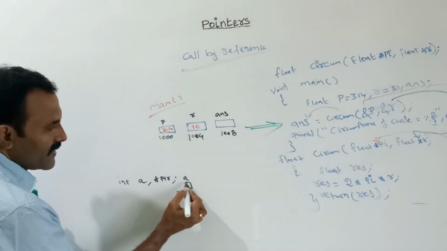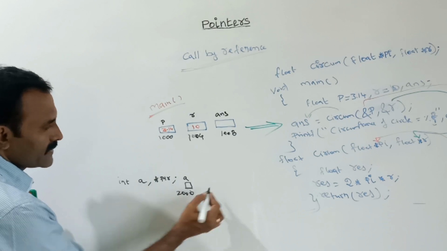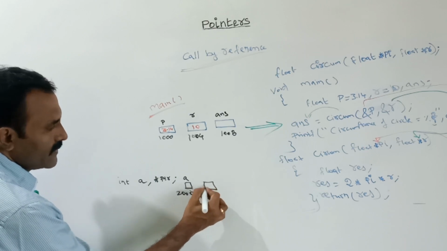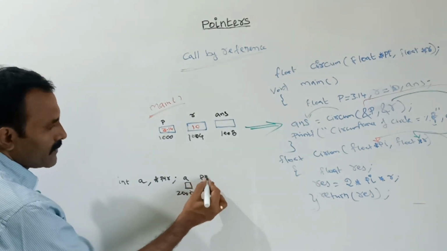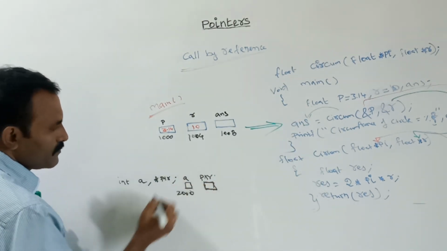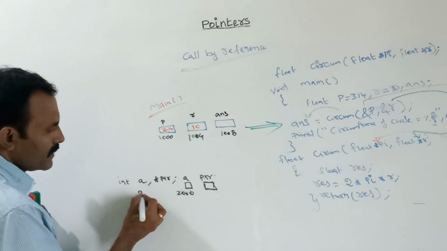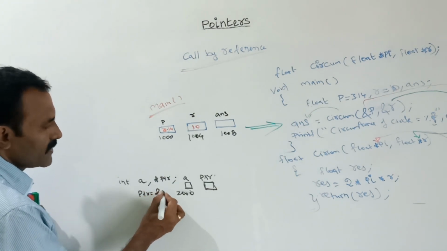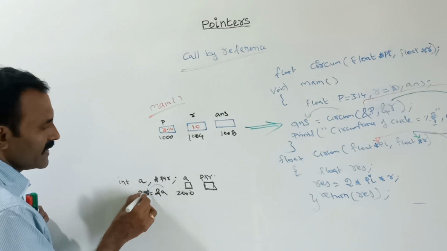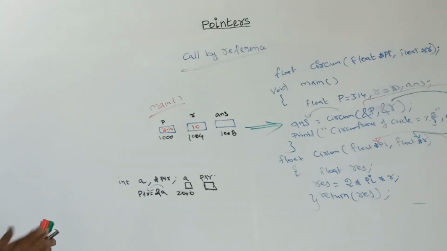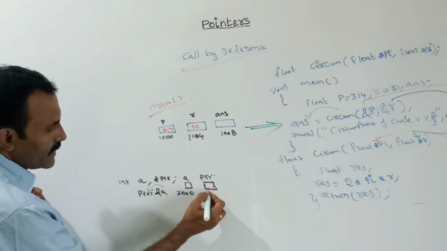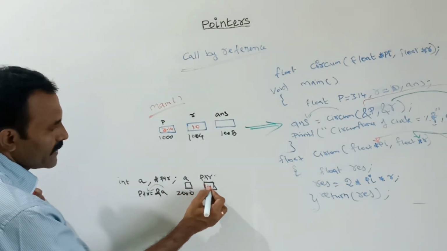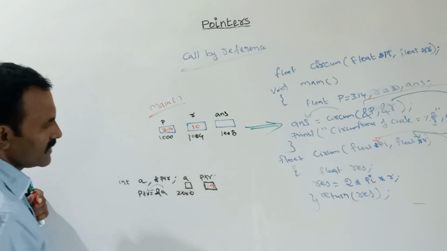Suppose the compiler allocates the memory and the address of that variable is 2000. Next, for the pointer, it allocates memory, and this variable name is ptr. Here ptr is equal to &a, that means the address of a is stored in ptr. Now ptr will have the address of a, so 2000 is the address of a.